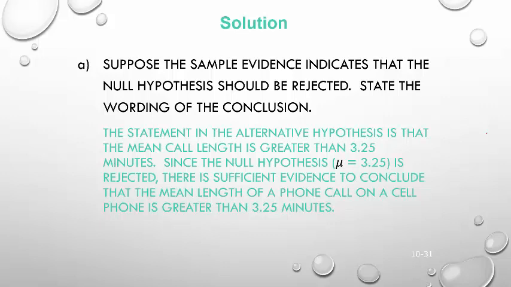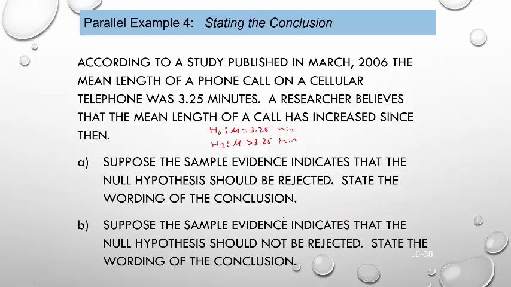Since the null hypothesis is rejected, there is sufficient evidence to conclude that the mean length of a phone call is greater than 3.25. When we reject a null, we're saying we believe the alternative is true. We're not saying what the new value is. We're just saying it's greater than it was, greater than 3.25. Never say what the new value is, just that it's greater than 3.25.